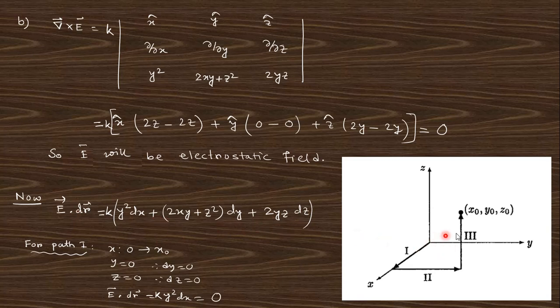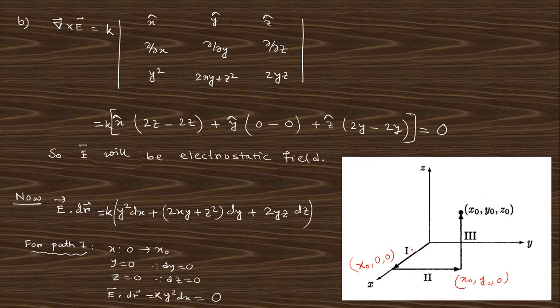If we take the point (x0, y0, z0), this is a line integral, so we can take this path. The first point is (0, 0, 0), the next is (x0, 0, 0), then (x0, y0, 0), and finally (x0, y0, z0).